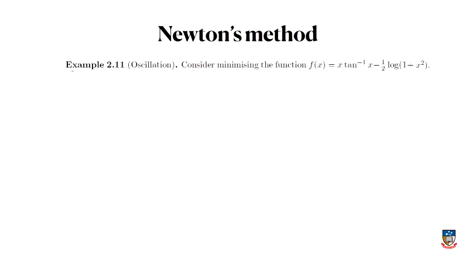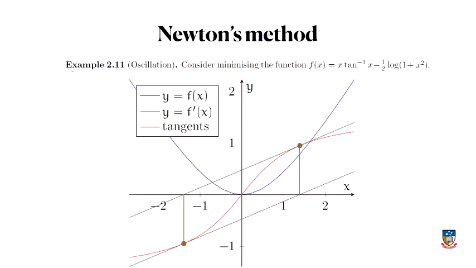So here's another example that I won't do on the board. Here's a function. It's good for you to do this one at home, to do the derivatives of that, and then take a look at it. I'll just show you what ends up happening here. The blue curve is the function that I'm trying to minimize. That has a minimum exactly at x equals 0, I think.